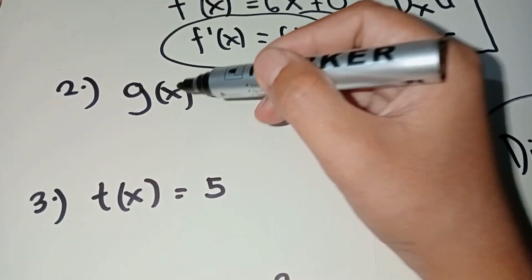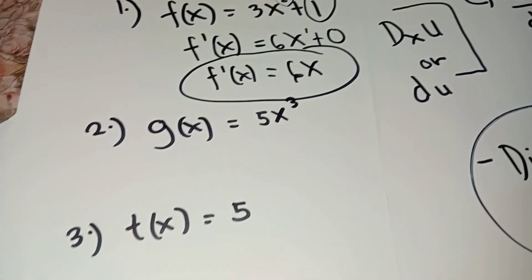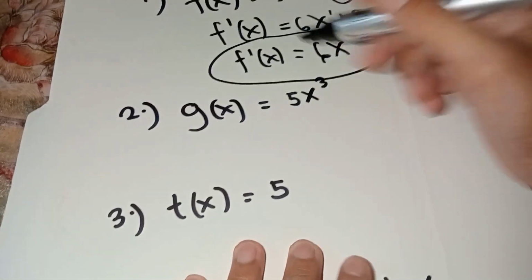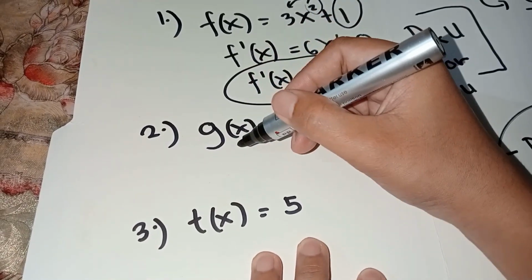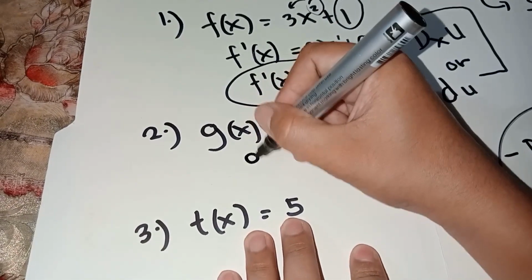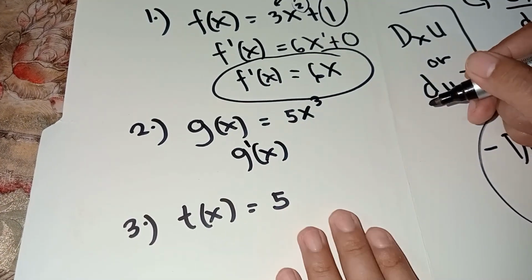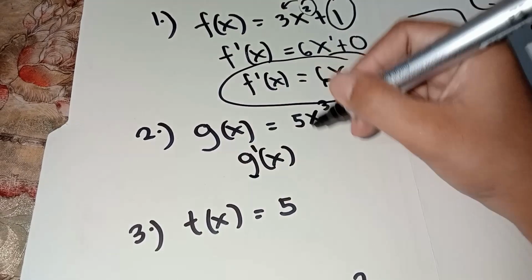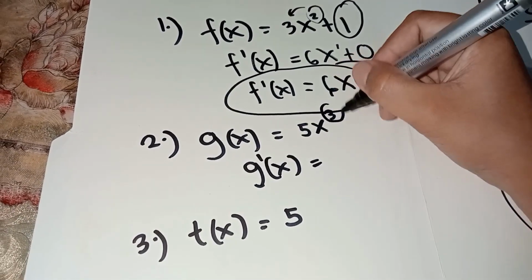We have a function g of x equals 5x cubed. All you need to do is copy the given function, then write g prime of x, the derivative, equals, multiply the exponent.